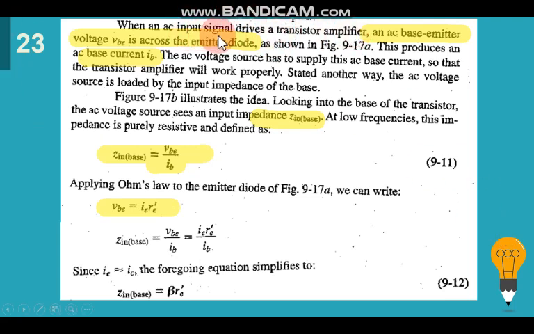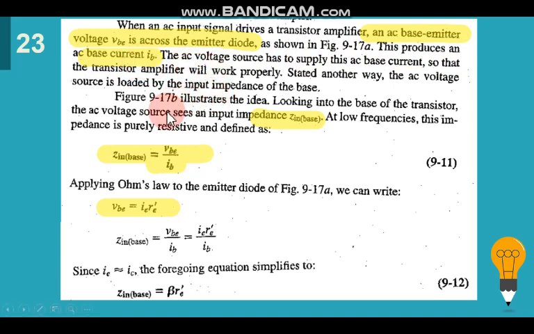When an AC input signal drives the transistor amplifier, and the AC emitter base voltage VB is across the emitter diode, this produces an AC base current IB, that we have seen.